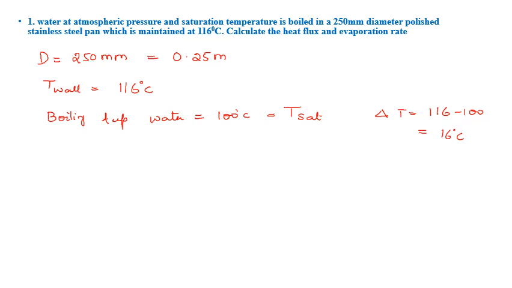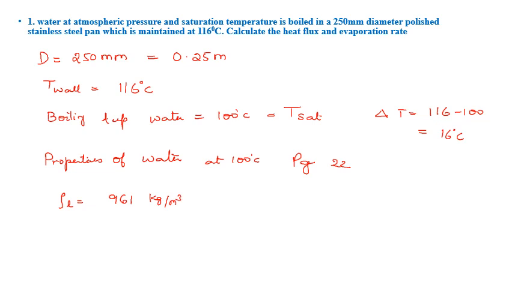Next, we have to use the data handbook to find out the properties of water at 100 degree centigrade. You will get that on page number 22 in the 8th edition of the data handbook. The density of the liquid is 961 kg per meter cube.